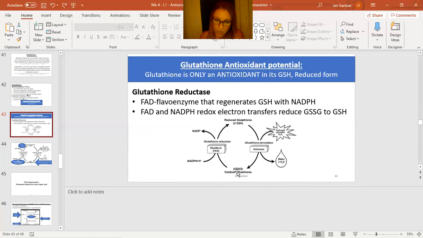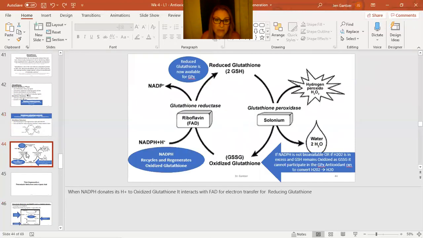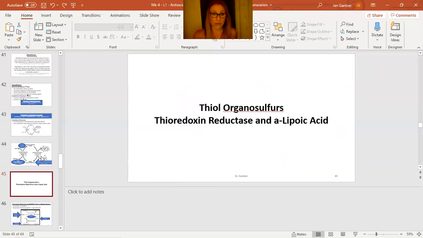And then for this to occur again, NADPH with an FAD in the enzyme glutathione reductase is going to regenerate our reduced glutathione. So that is now the big picture of how we are using all of these concepts together in continual reducing agents, regenerating antioxidants, and fighting free radicals.